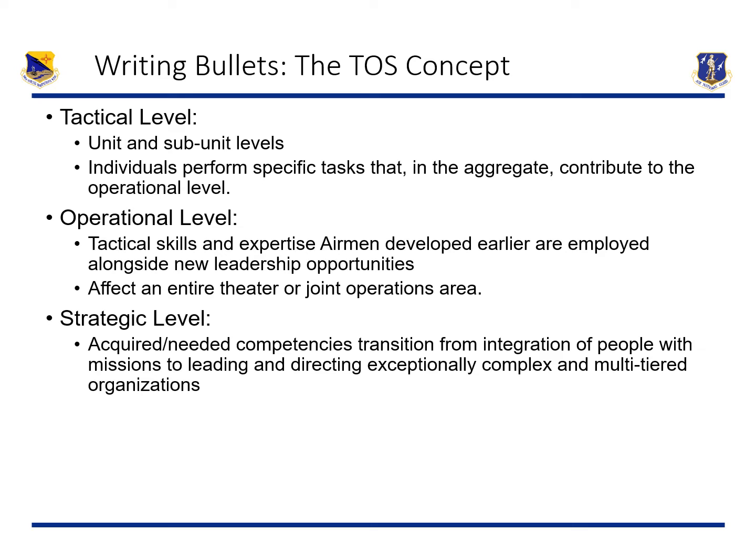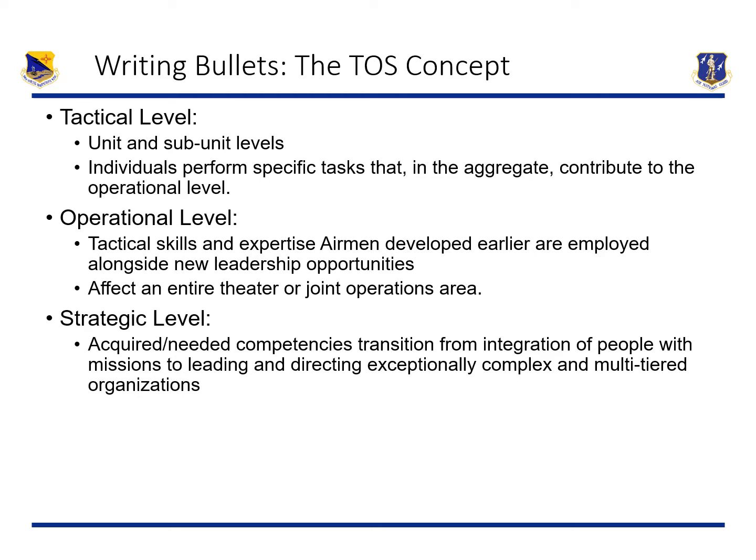Lastly, we have the strategic level. This level is typically where you're going to see your senior NCOs, your chiefs, and your field grade and company grade officers. At the strategic level, we're typically influencing a multi-tier, multi-layer scope. At this point, you typically need certain competencies that are usually gained through time and experience.